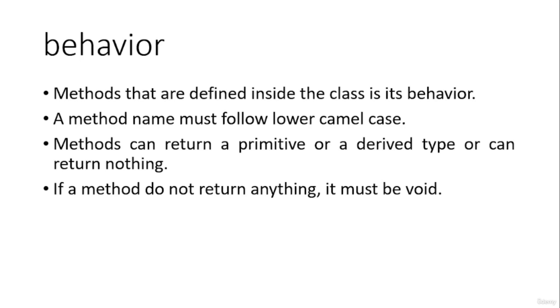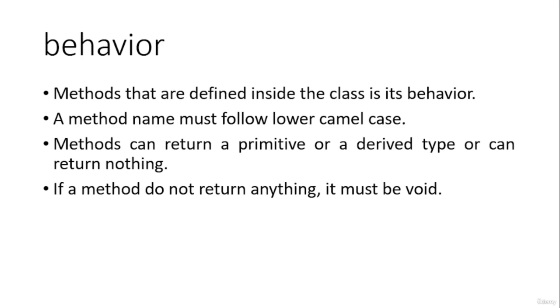Now we need to discuss the return types we can provide to methods. Methods can usually have primitive or derived data types as their return type, and in case the method is not returning anything, we have to keep the method return type as void. It is compulsory to have a return type specified for a particular method.